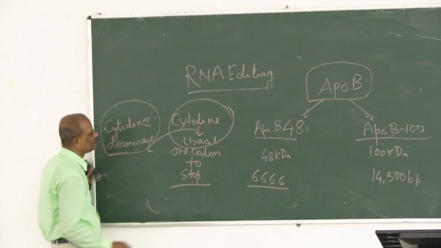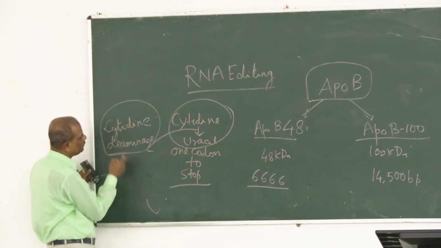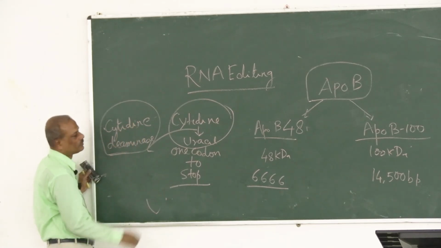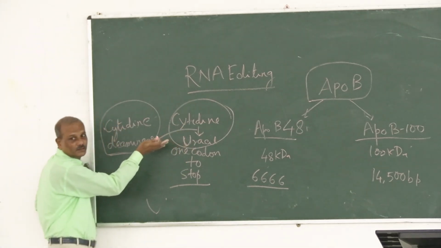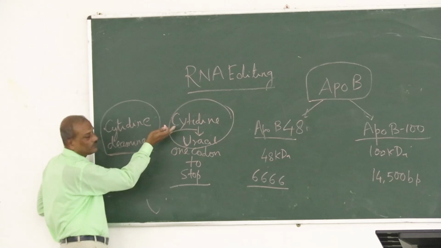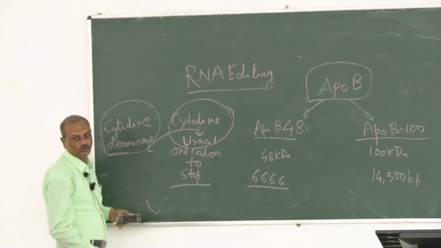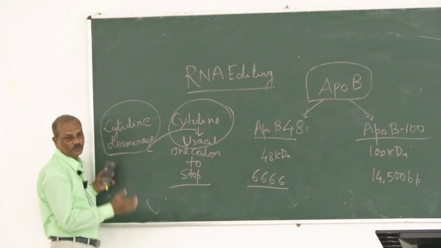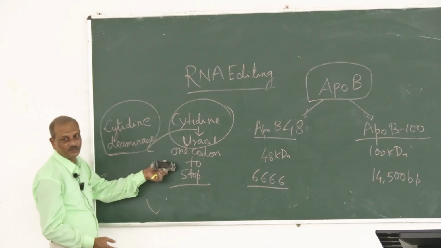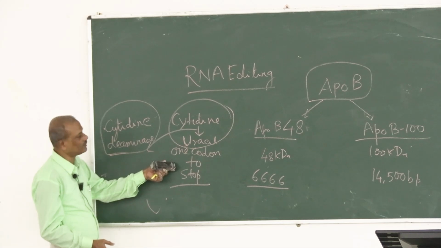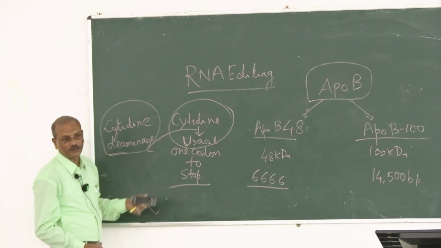What it does basically is convert cytidine to uridine. So U is formed. Now you see the nucleotide is changed from cytidine to uridine and it makes a stop codon. So the synthesis will stop somewhere in the middle, nearly 48%. So that will generate ApoB 48.